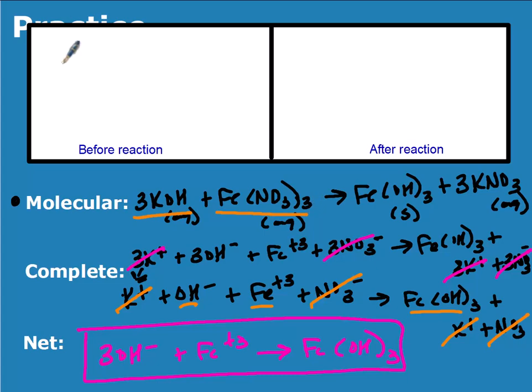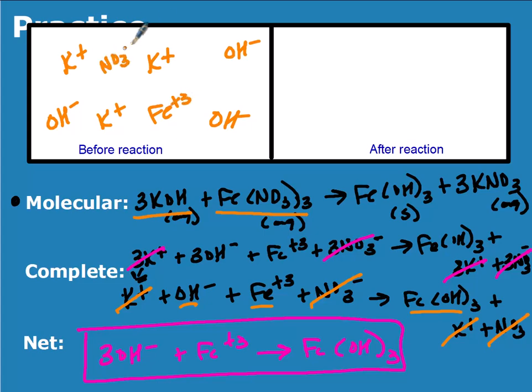So our potassium hydroxide should be broken apart and we should have 3 of them. And then we should have 1 iron 3 nitrate. When it breaks apart, I should have 1 iron and I should have 3 nitrates.